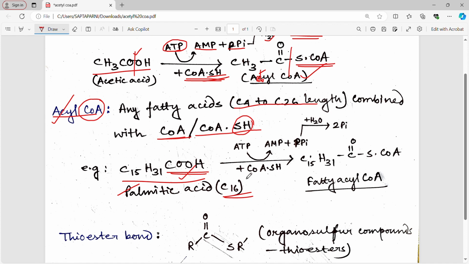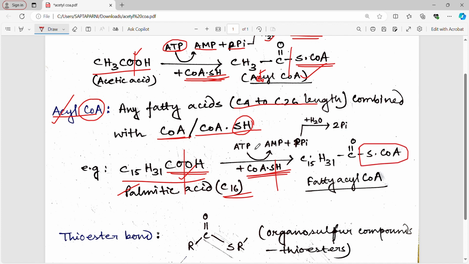When this palmitic acid reacts with coenzyme A, it also shows a similar kind of reaction, and here you can see bond breaking occurs, and the coenzyme A sulfur group gets attached here by a thioester bond.